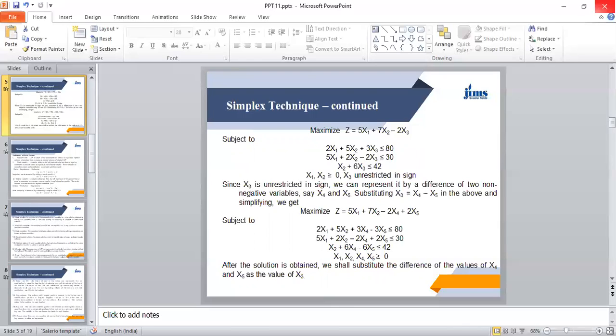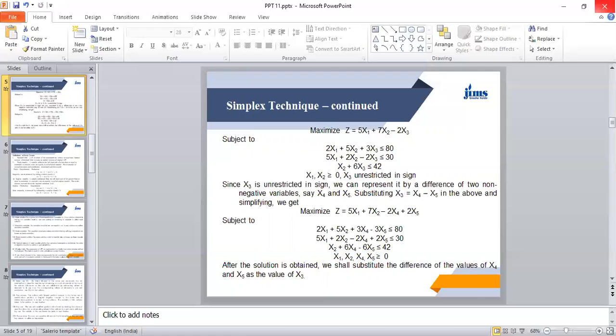x3 is unrestricted in sign means it may be 0, it may be negative, it may be positive, any of the three things. But in simplex technique, we can solve problems only with variables which have a positive value. So what we do here, we consider x3 as a difference of two variables, x4 and x5.